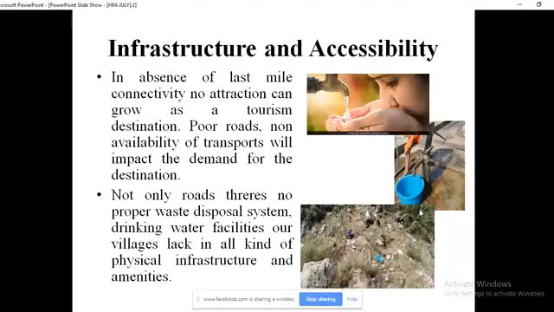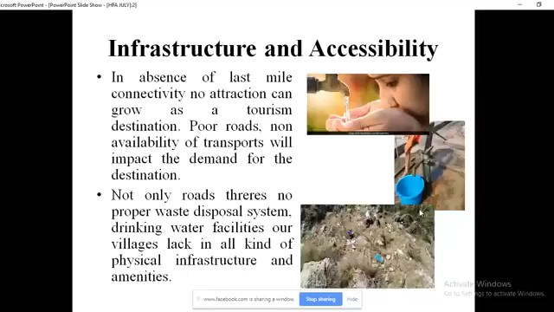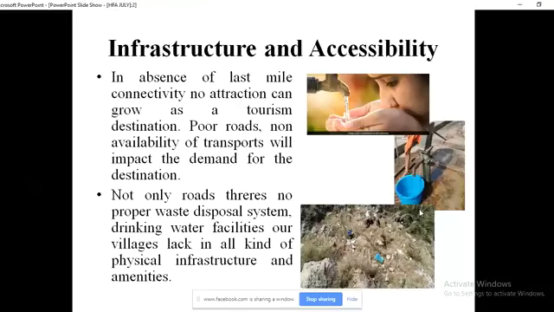So tourism cannot grow that way because they need accessibility. Non-availability of transport and poor roads will impact the demand for the destination. Not only roads, there is no proper waste disposal system or drinking water facilities. Our villages lack all kinds of physical infrastructure and amenities. That is the major problem.